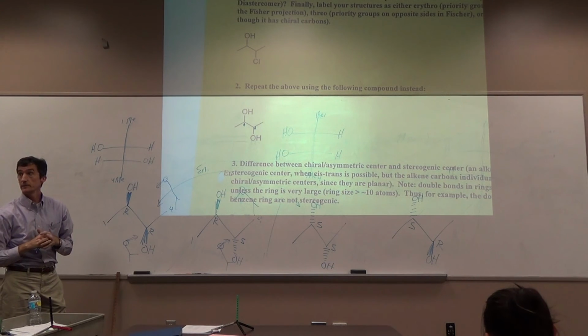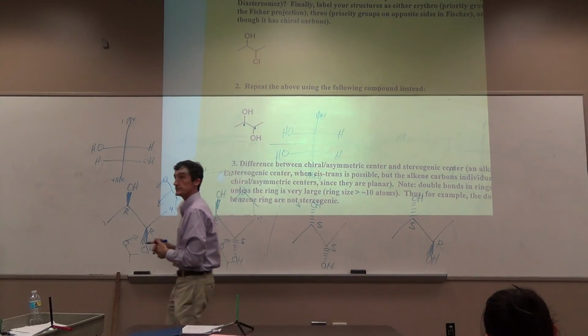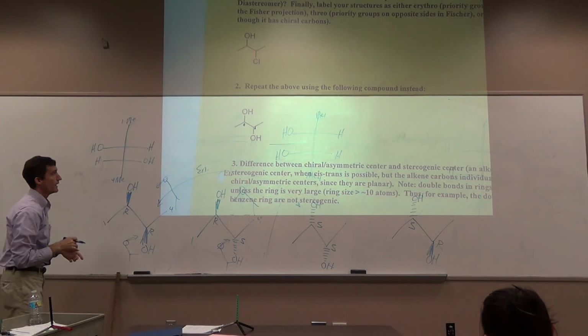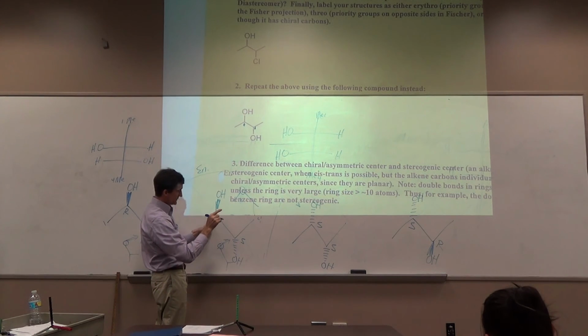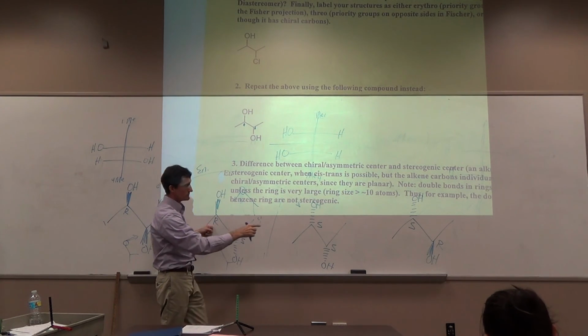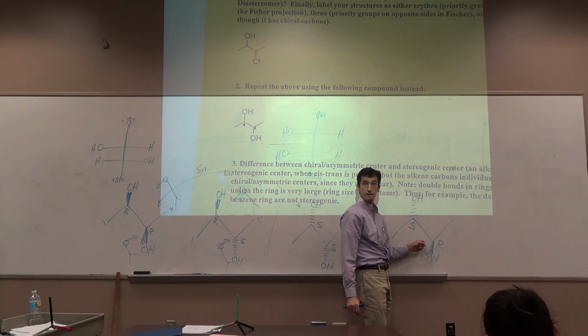What do you see in that compound? Symmetry. There's your plane of symmetry, which you can see from the Fischer. The power of the Fischer. This has a plane of symmetry. Where's the mirror image of this? Is that the same compound or different? Same.